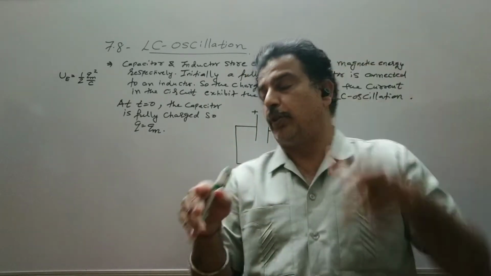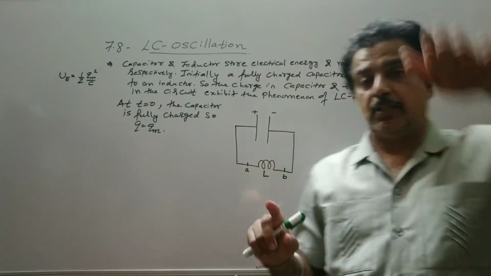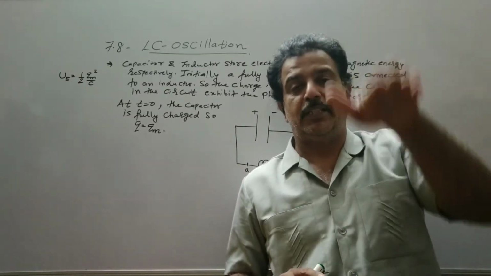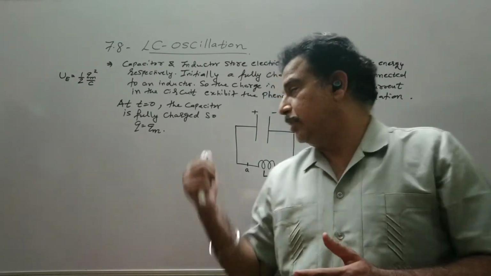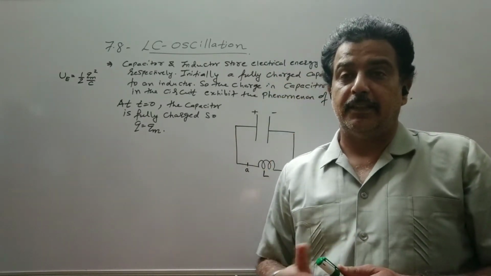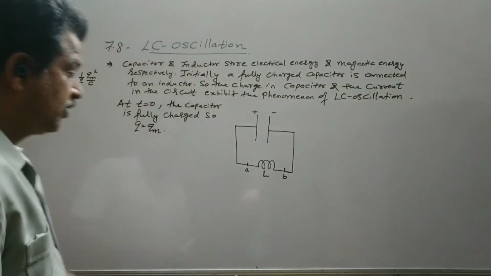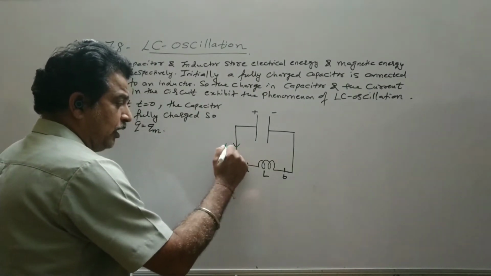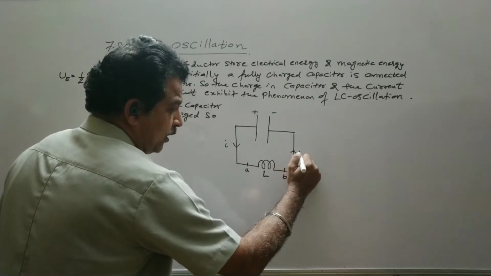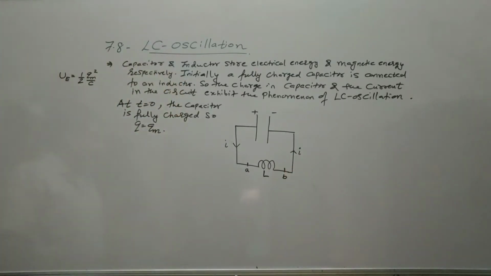Now as soon as you complete this circuit, the energy of the capacitor starts decreasing because the charge on the capacitor decreases. Now the current in the circuit starts increasing. So this is the direction of the current.